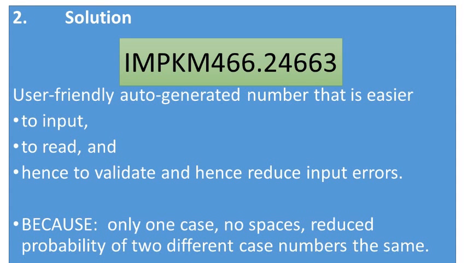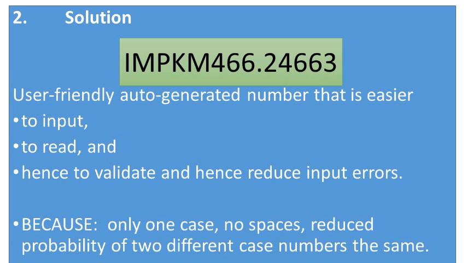My solution to this is what I call a user-friendly auto-generated number that is easier to input for the person inputting the data. It is easier to read as well as to validate, and hence reduces input errors.